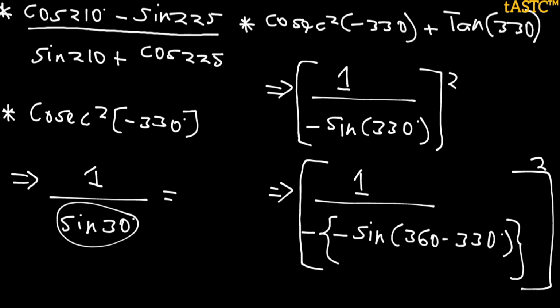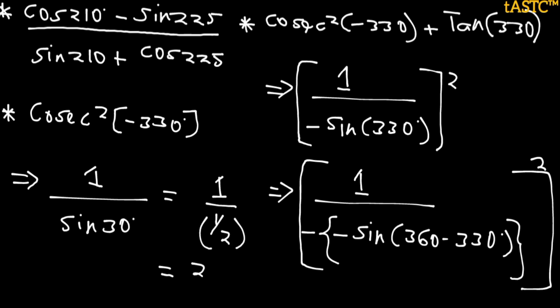Now we know that sine 30 is actually equal to a half. So we have 1 divided by a half. Now 1 divided by a half is actually equal to 2. That is, you need 2 halves to make a 1. So this is what you have. But you need to know that this stuff was actually squared.